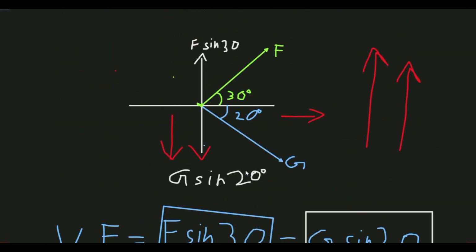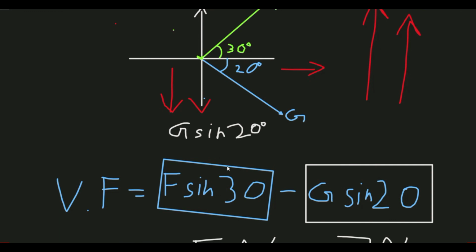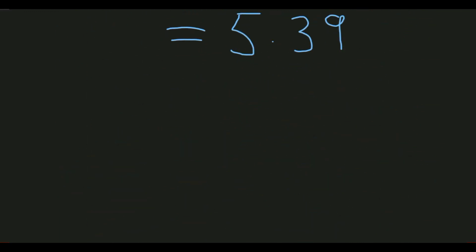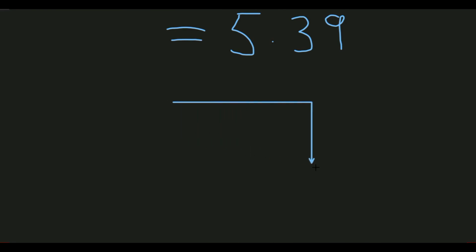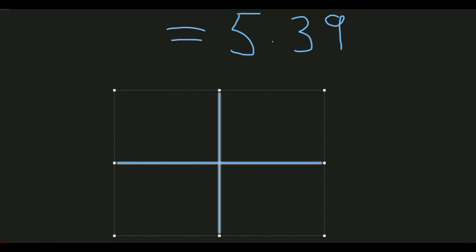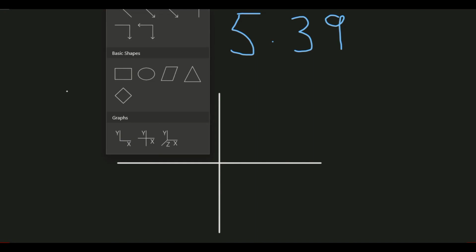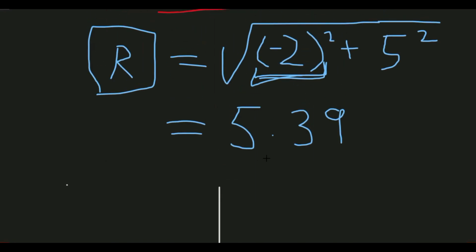And now this is very important and you need to understand. Suppose I'm drawing only the resultant force, nothing else. Let me draw the whole thing like this. So suppose this is it and I'm drawing the resultant force, the 5.39.